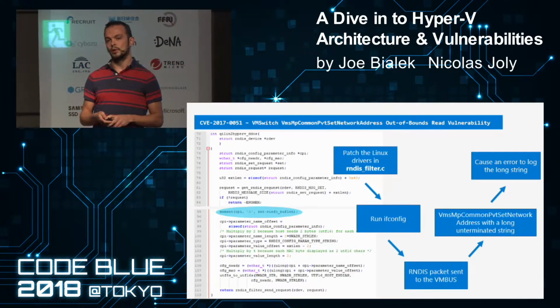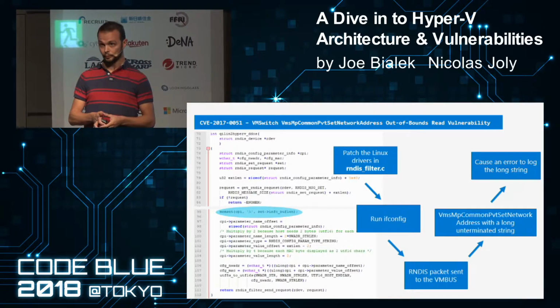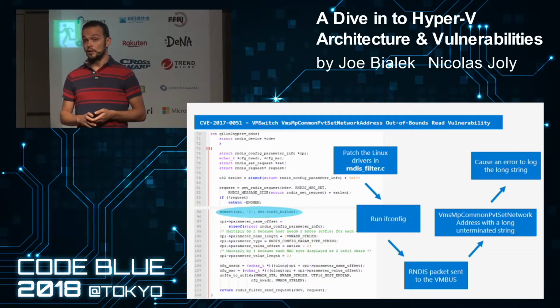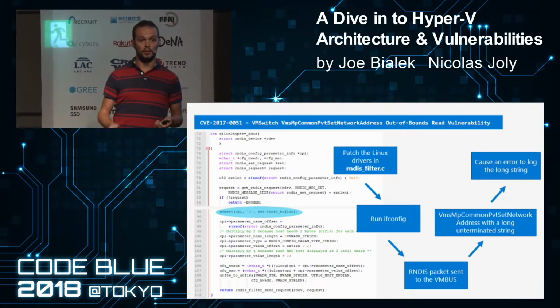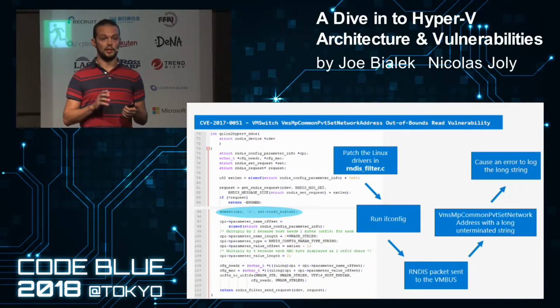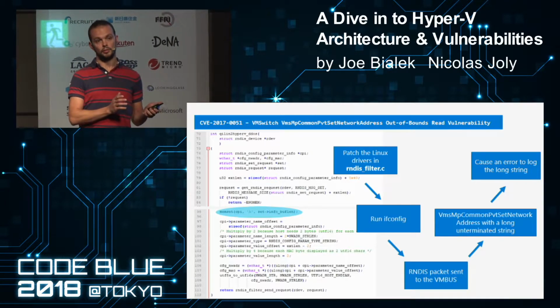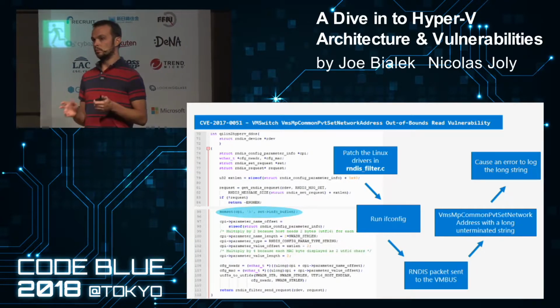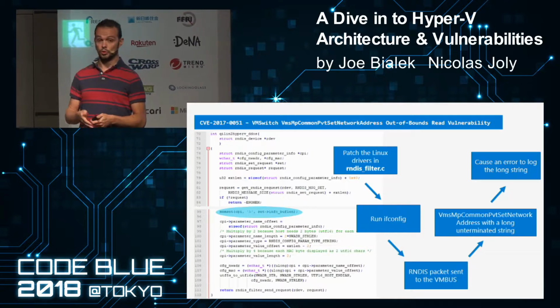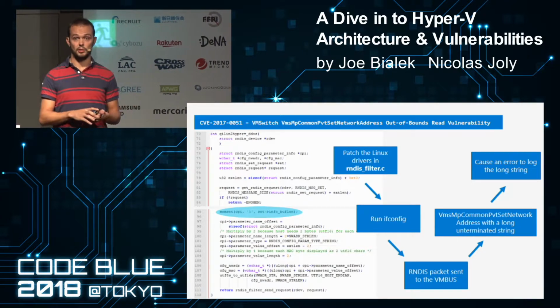So how did Peter find this bug? He was clever. As Joe mentioned, the Linux drivers are available, and that's exactly what he did. He fetched these drivers, studied them, got an idea of how they worked, and then implemented a quick fuzzer, just something that was sending packets to the host.